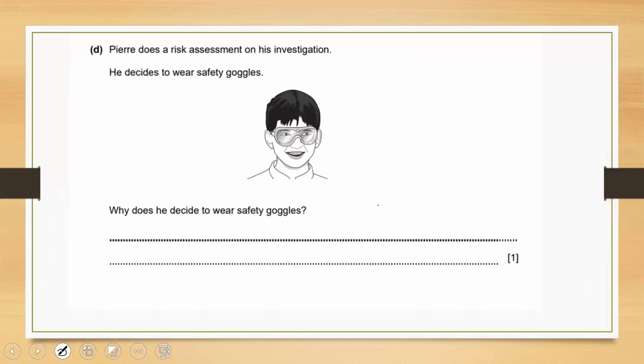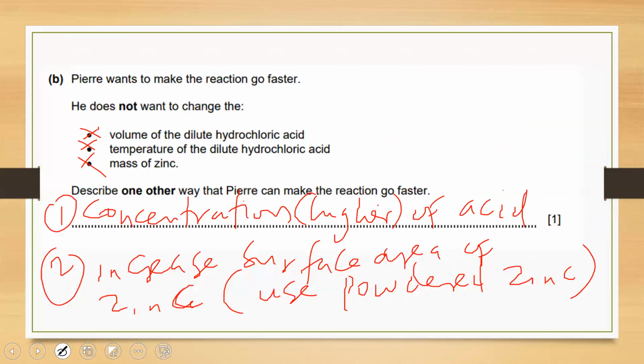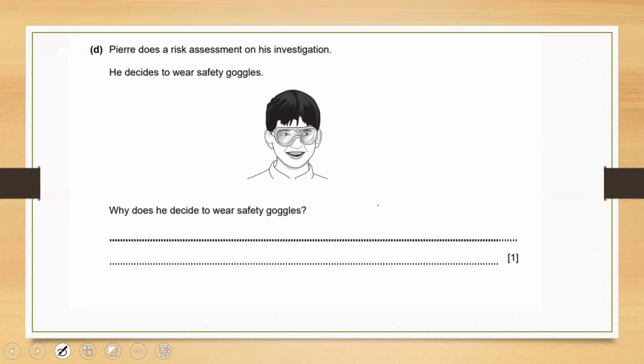All right. So Perry does a risk assessment of his investigation. He decided to wear safety goggles. Why does he decide to wear safety goggles? Let's take a look at what he's using. He's using an acid, dilute hydrochloric acid, and zinc. So our major hazard is going to be from the acid rather than the zinc.